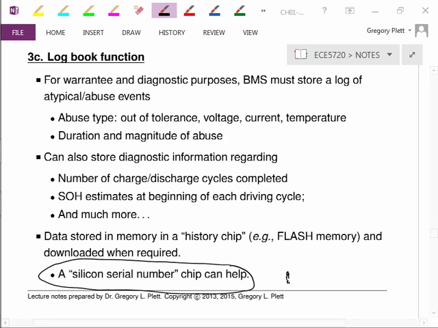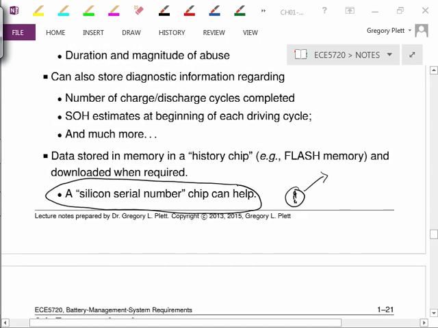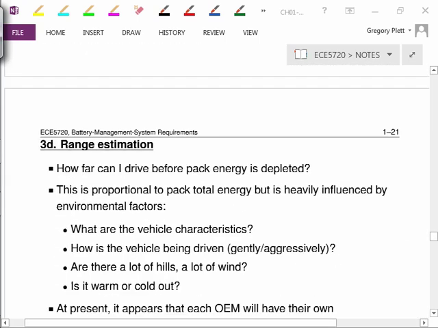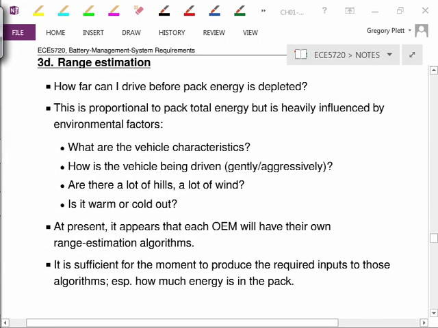And if I attach one of these serial number chips to every module of the battery pack, that would allow me to permanently identify that module, even if for some reason I swapped it out midlife and swapped something else back in or whatever. So, the serial number could help keep track of what data really belonged with what component in the battery pack. Again, I haven't seen that implemented, but I'd like to. I think that would be a nice feature.